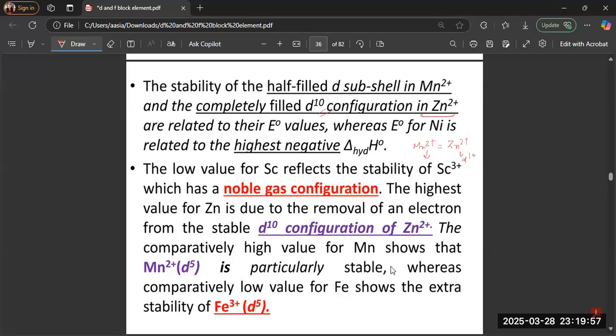So we can relate these E naught values of these two. Similarly, the E naught for nickel is related to the highest negative delta H naught hydration.